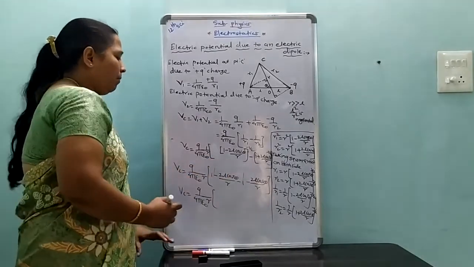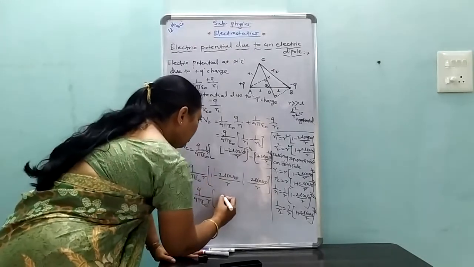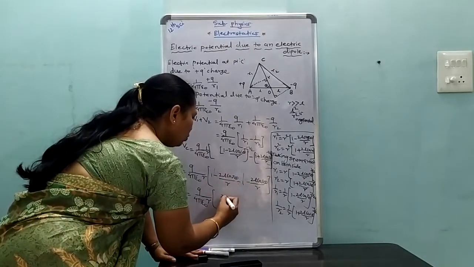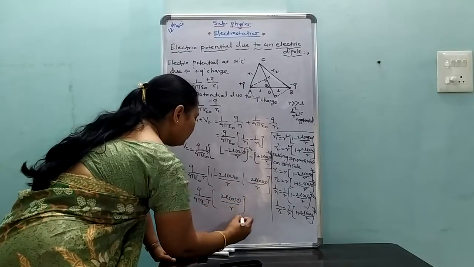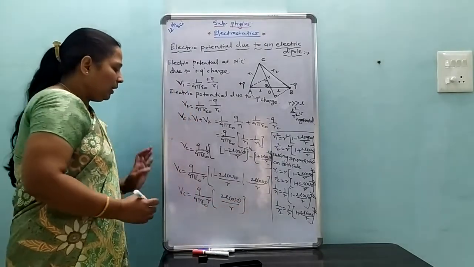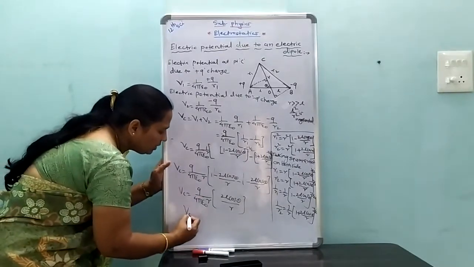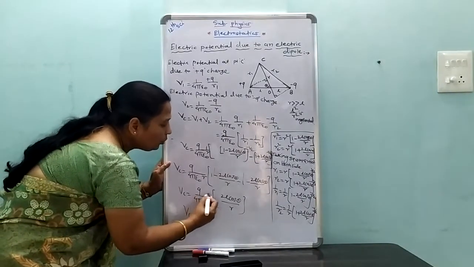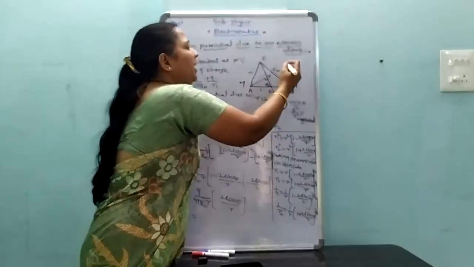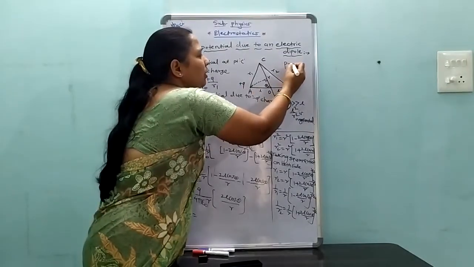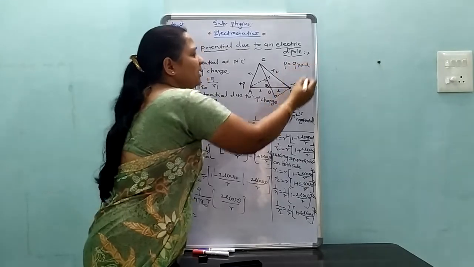Therefore minus minus gets plus, 2L cos theta upon R. Hence the net potential Vc is equal to Q into 2L. By definition of electric dipole moment, P is equal to Q into twice L.